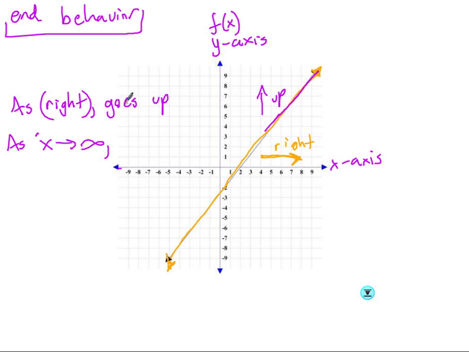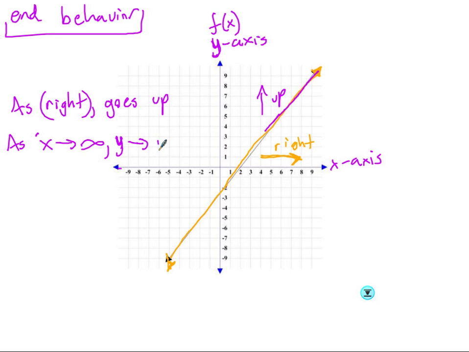But how do we write that the graph goes up? Well, the y-axis is talking about going up or down. So instead of using the variable x, which is for left and right, to talk about up and down, you're using the variable y. If we're going up, we're talking about values that are positive and get larger and larger.